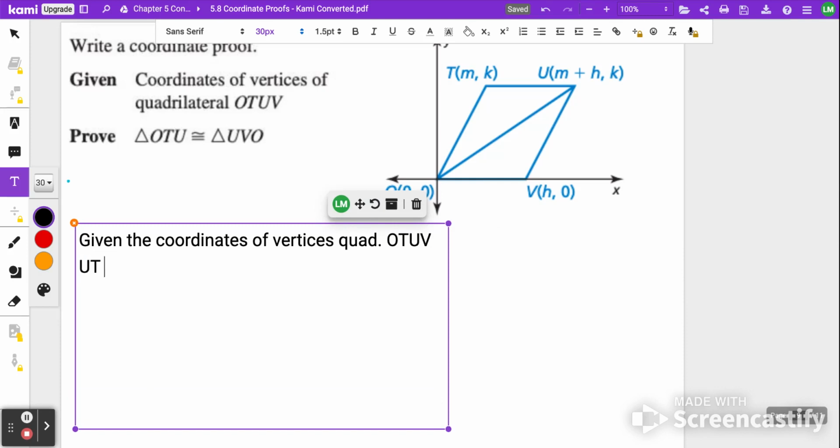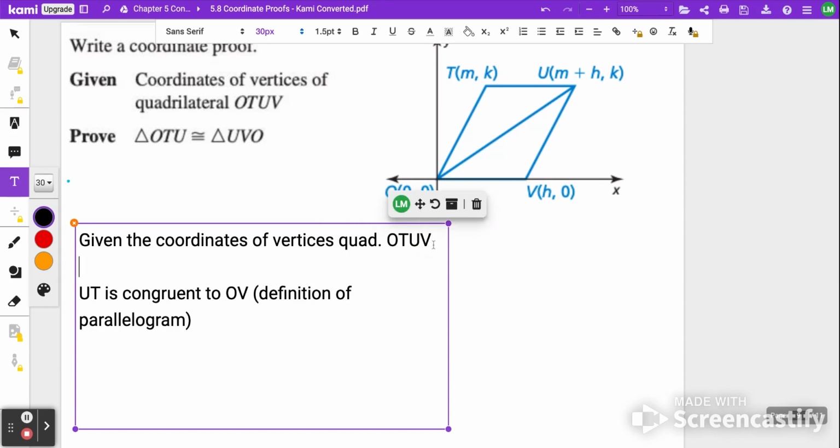For instance, UT is congruent to OV by definition of parallelogram. And maybe even before I say that, I can say UT has the same slope as OV, meaning they're parallel lines.